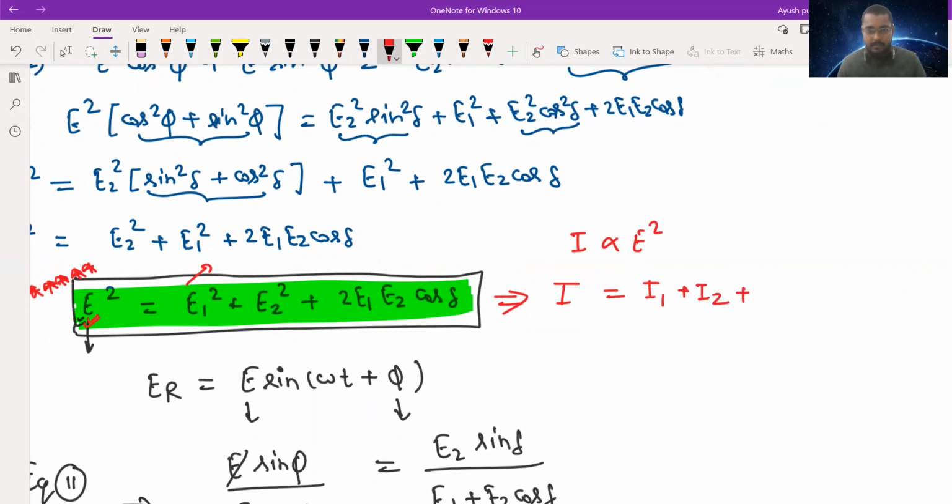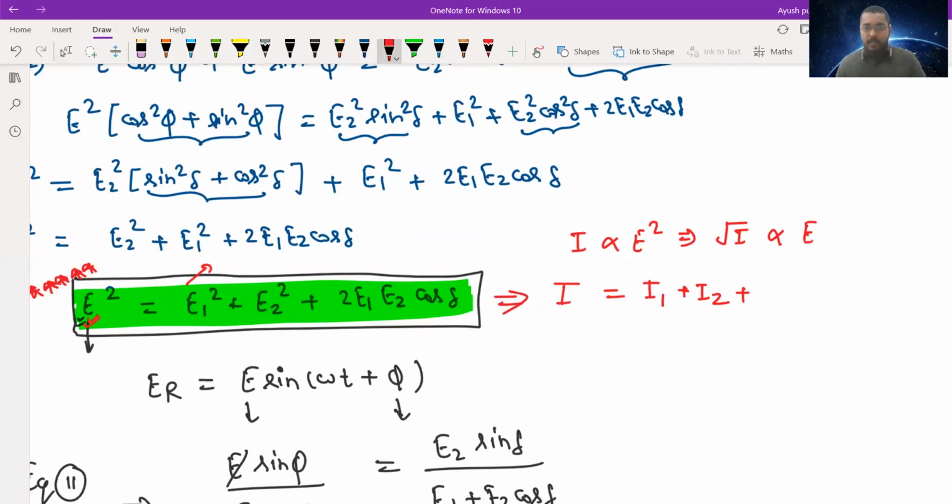If I is proportional to E square, then taking the root of both sides, root I is proportional to E, the amplitude of the light wave. And I1 and I2 are the intensities of the individual waves: I1 is the intensity of wave 1 and I2 is the intensity of wave 2.